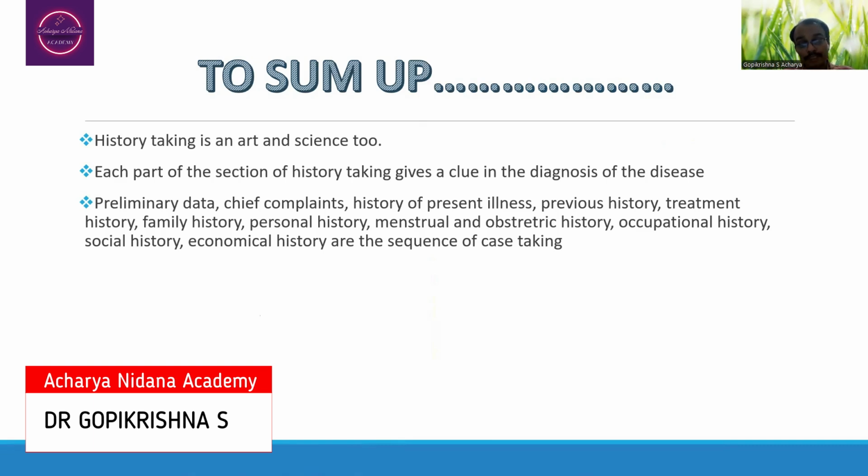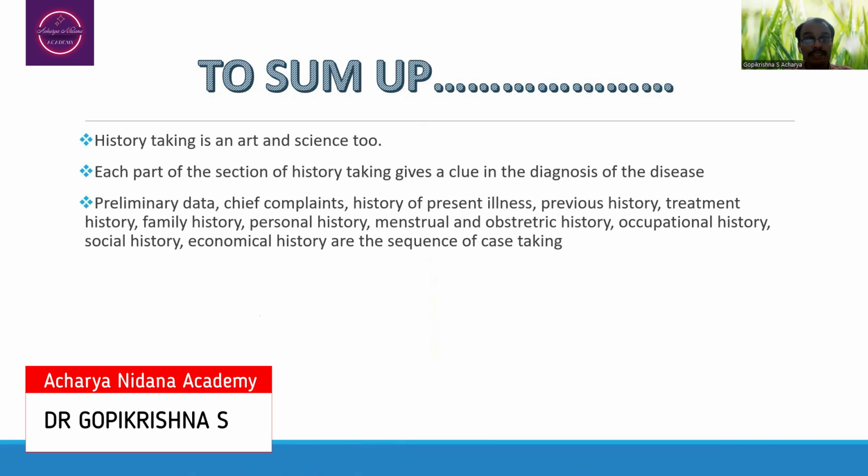The history of present illness records the presenting complaints and their details, also in chronological order, while previous history gives the details of the health status previous to the presenting complaints.